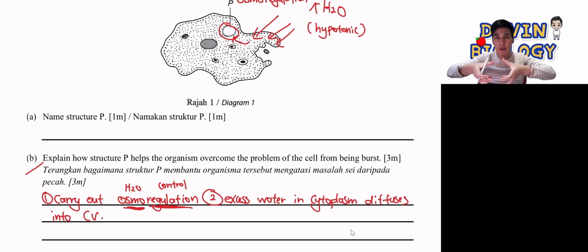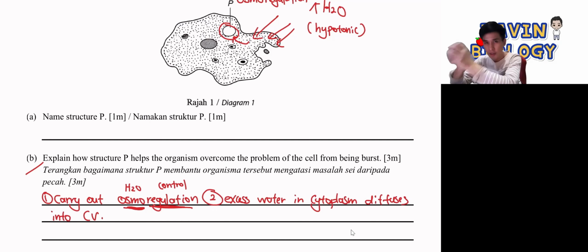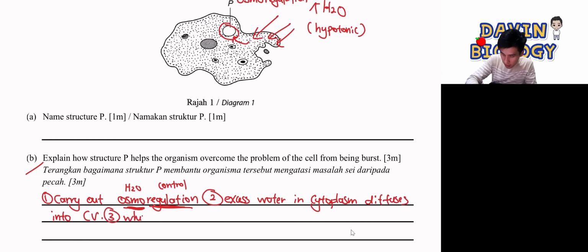When you have water inside, you don't keep going to the toilet. You only go when the bladder is full. Then you get the urge, and only then you go and pee and release the water. So you must write this point, remember: when the contractile vacuole enlarges to maximum size, then it contracts. Yeah, if you write osmoregulation you get 1 mark.